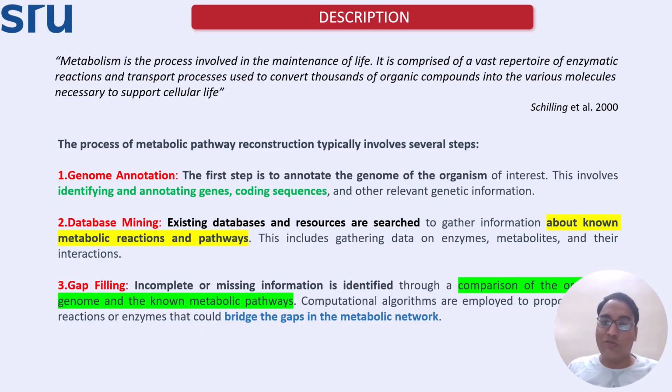I'll explore what existing databases and resources are present for these sequences. Then I'll find out the metabolic reactions these proteins or enzymes are involved in. Once that is done, I'll compare the existing databases to see if there are known metabolic pathways or some missing information. Like recently we're finding the Rubisco enzyme, or RuBisCO part, is present in E. coli also, bacteria also.